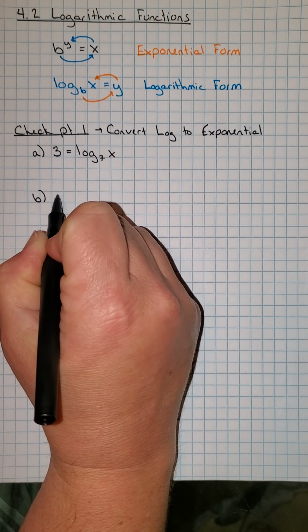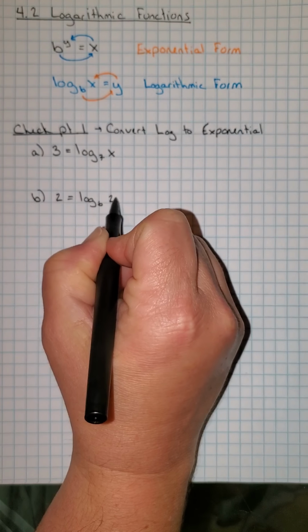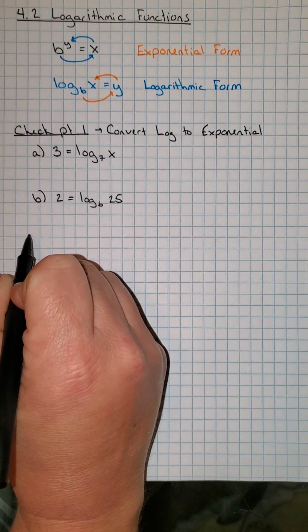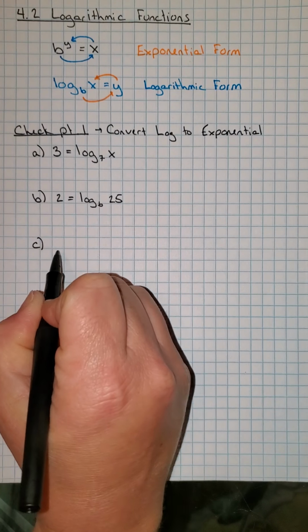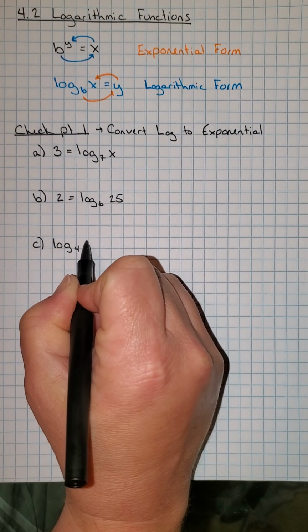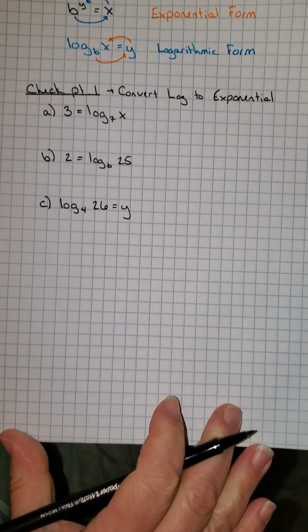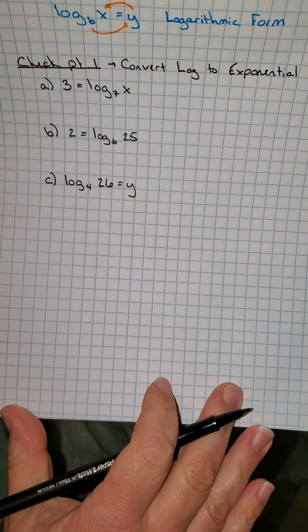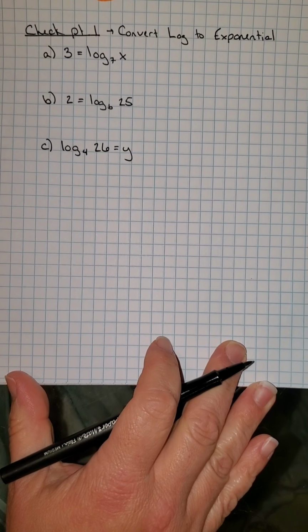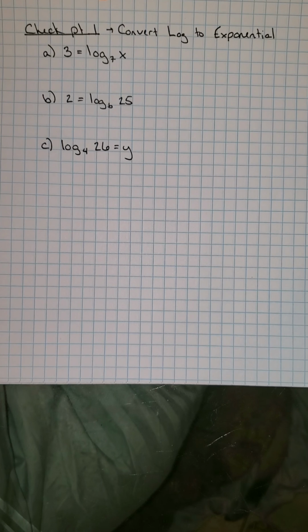We have 2 equals log base b of 25. And we have log base 4 of 26 equals y. So we're going to convert each of those into exponential.